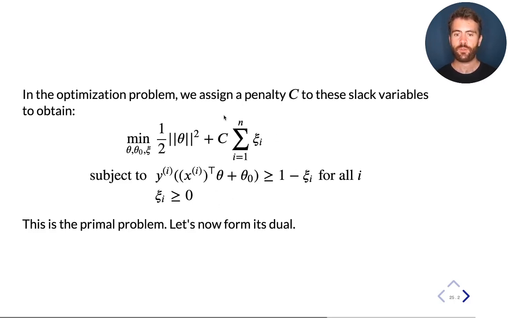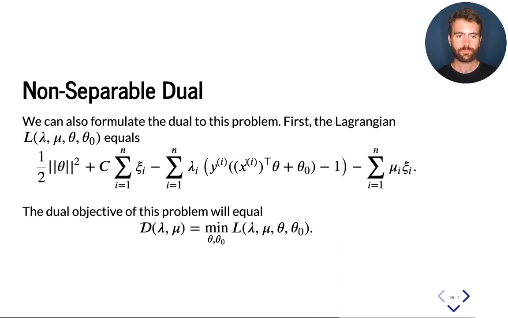So this is the primal version of the optimization problem for an SVM with slack variables that can fit a non-separable data set. Let's now look at the dual of this optimization problem. In order to find the dual, we first start by defining the Lagrangian version.